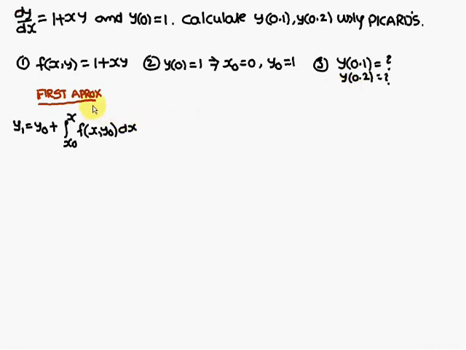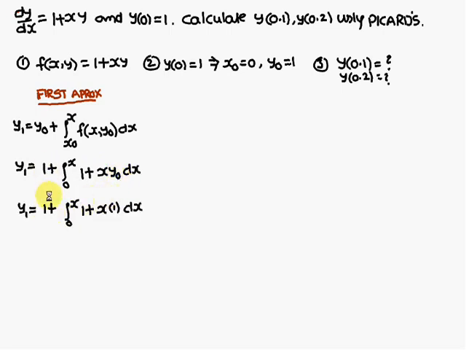The first approximation: y1 is equal to y0 plus the integral from x0 to x of f(x, y0) dx. y0 is 1 and x0 is 0, therefore the integral from 0 to x. f(x, y0) means 1 plus x y0, because f of xy is 1 plus xy, and y0 is again 1.